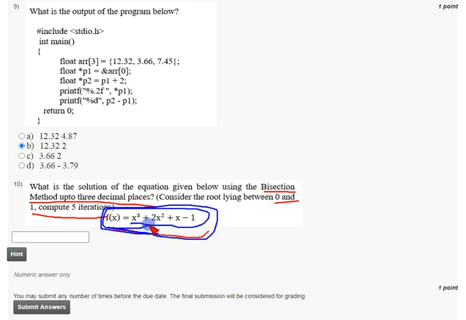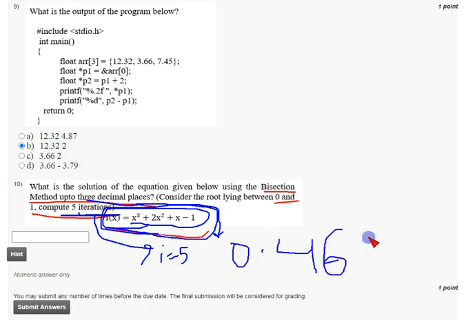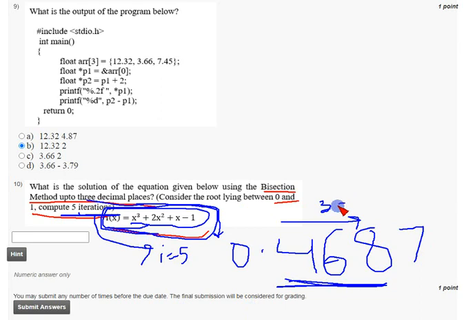So when we go up to I equal to 5, because they have given 5 iterations, and up to 3 decimal places, I got the value as 0.468, and I also got a 7, but we have to consider up to 3 digits.